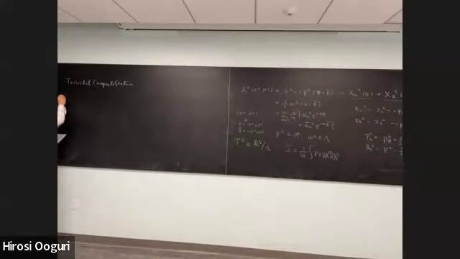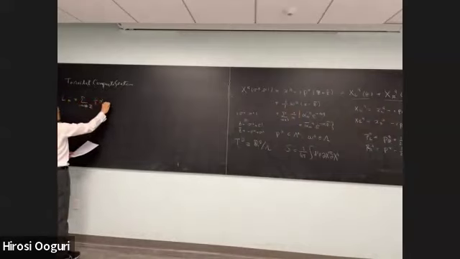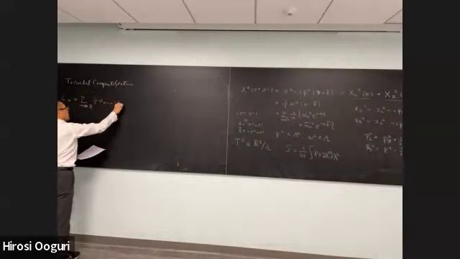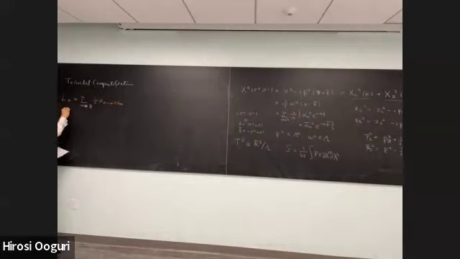Okay, so then we can write down the Virasoro generators associated to it. So the left moving Virasoro generator is given by this, just like before. And the right moving Virasoro generator is written like that.